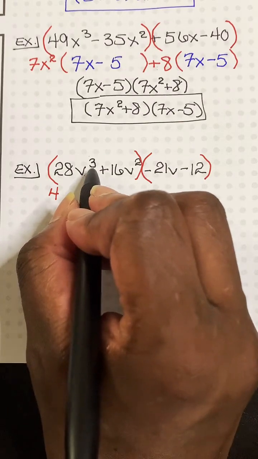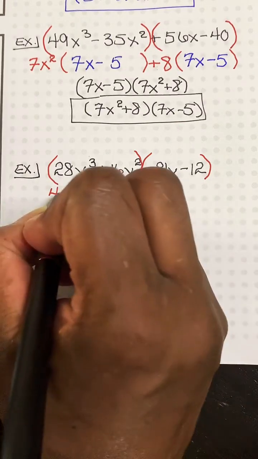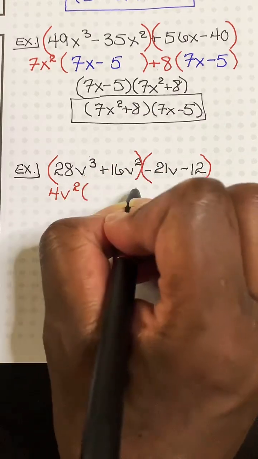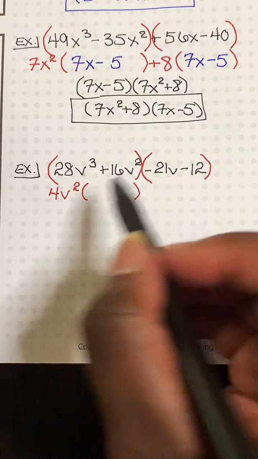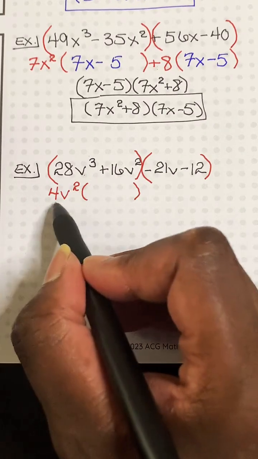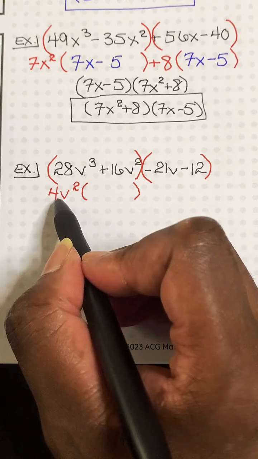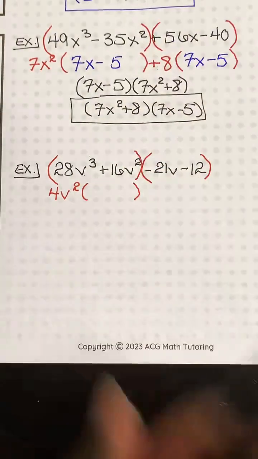And then we have v to the third and v to the second, so they had v squared. So if I divide the original by the 4v squared, 28 divided by 4, that gives me 7.